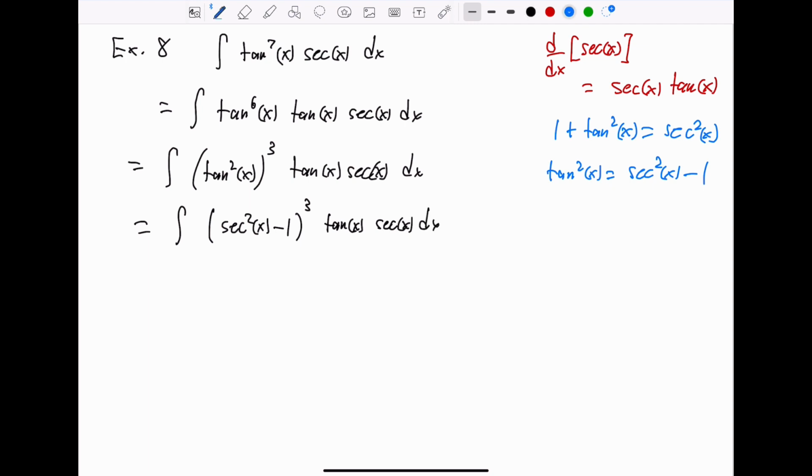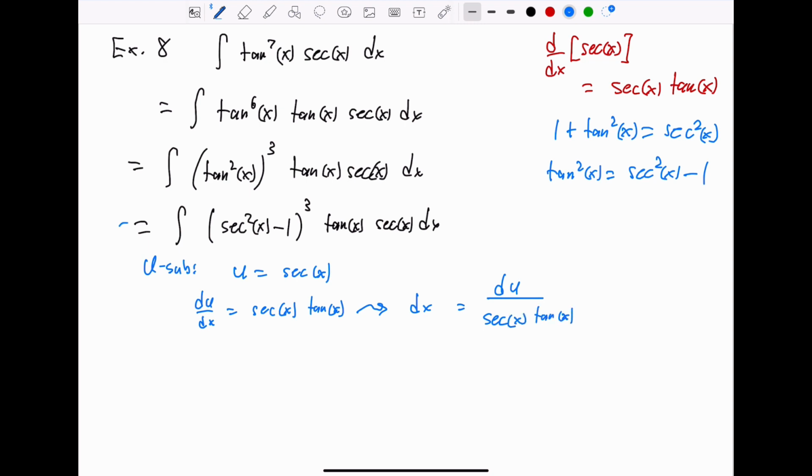Now we will use U substitution. We choose U to be secant of x. The derivative of secant is secant x times tangent x. So dx is du divided by secant tangent. And now we can make the substitution.